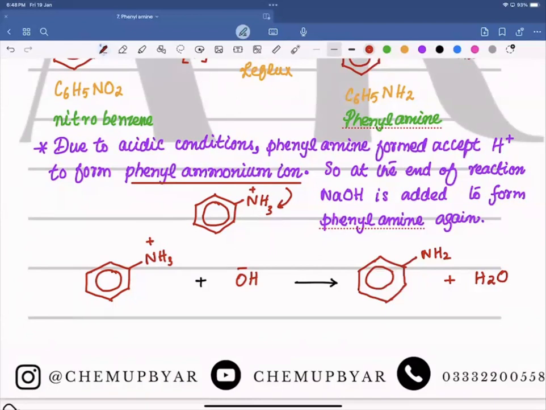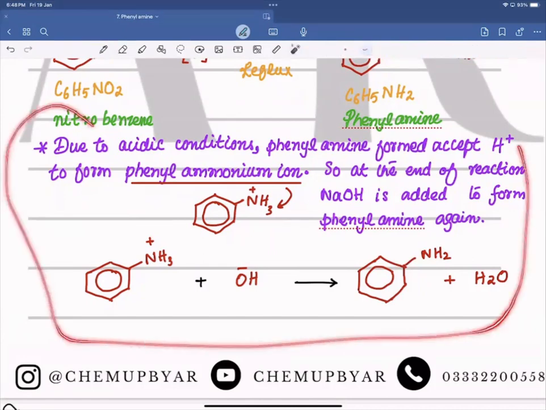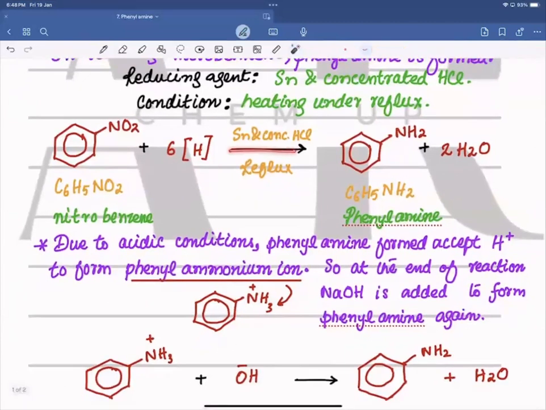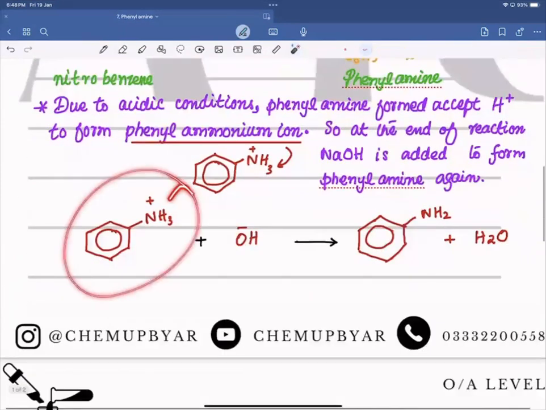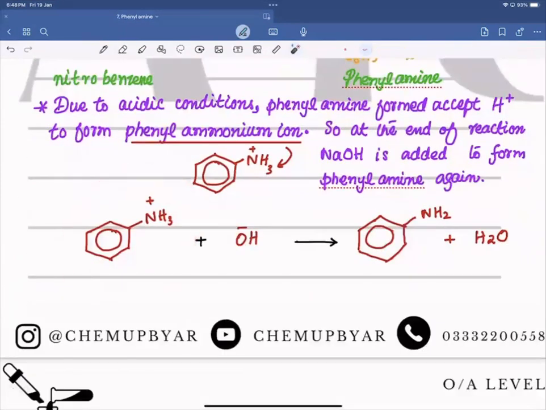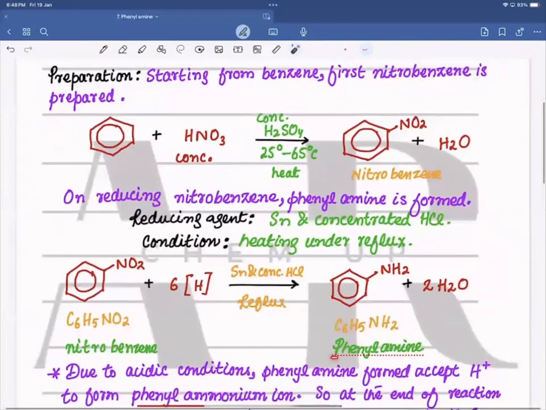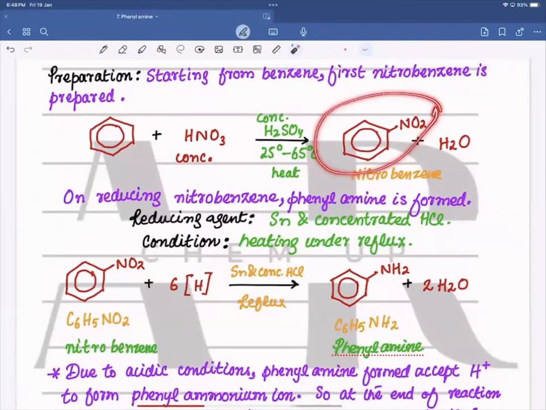So, sir, it's two steps, right? Yes, but this is all for reasoning if the examiner asks you. Otherwise, if the examiner just writes this and you have to make the product, we always make the product. We do not show this one. The first step is how phenylamine is formed. The formation of phenylamine from benzene is two steps: in this way, we will get nitrobenzene, and on reducing that nitrobenzene, we will get phenylamine.